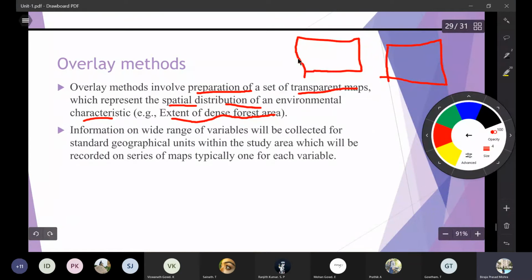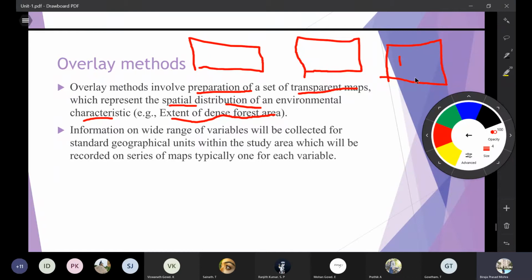In those transparent sheets, let's say we are going to do the environmental impact analysis for certain area, for any kind of industry. Okay, so in that industry nearby, human habitat is there, flora and fauna is there, some water bodies are also there.